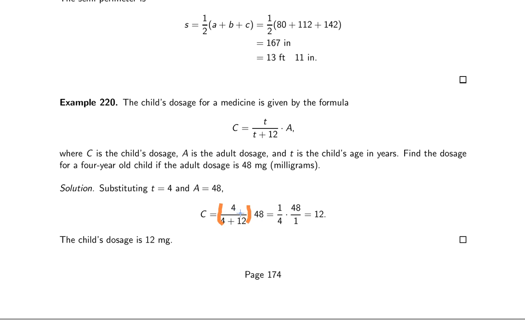So it's 4 over 4 plus 12, and then that fraction is being multiplied by the 48. First we'll work on this fraction. So it's 4 over 4 plus 12.